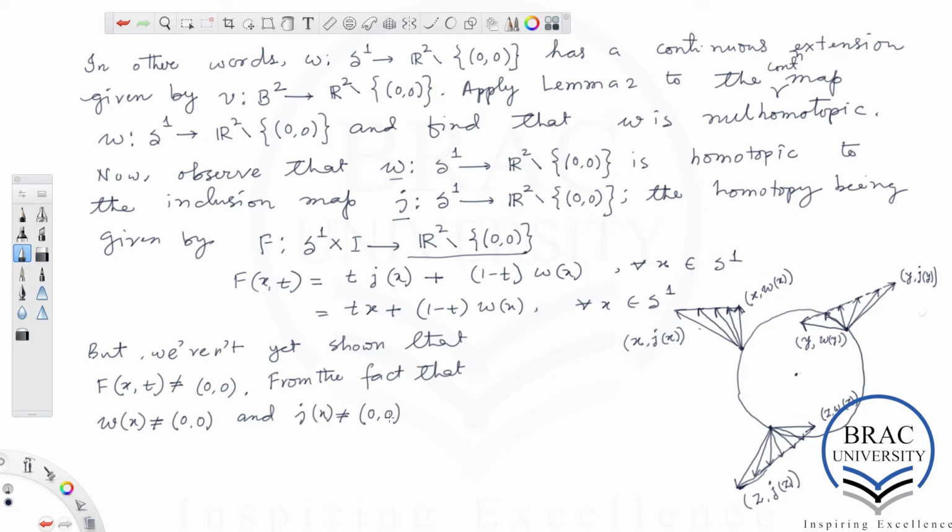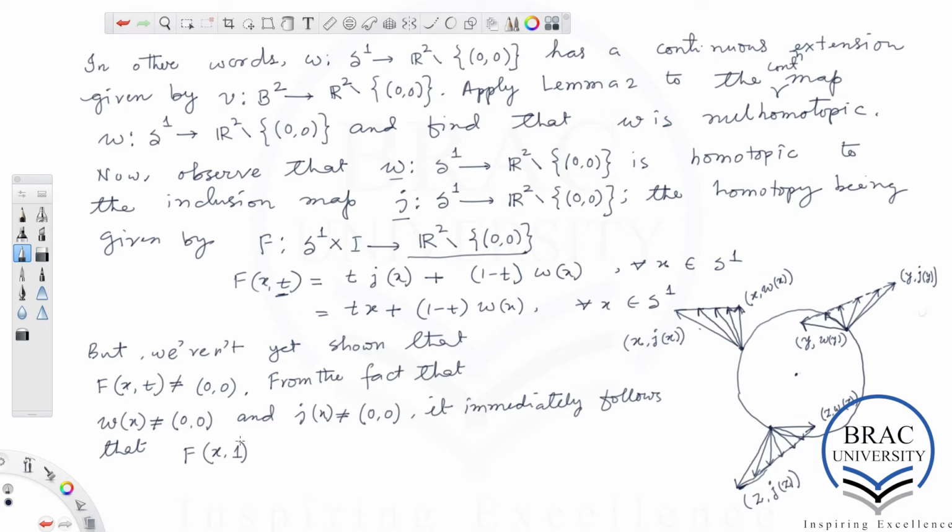So from these two facts, it immediately follows that f of (x, 1), if you plug in 1 here, then you just end up with j of x here, right? Because this cancels out.